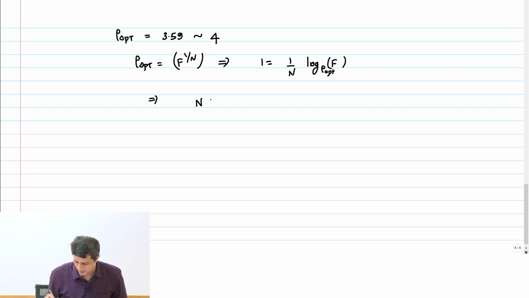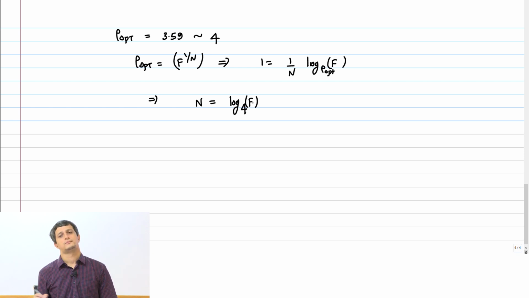This implies that the optimal number of stages is log to base 4 of f. Correct.